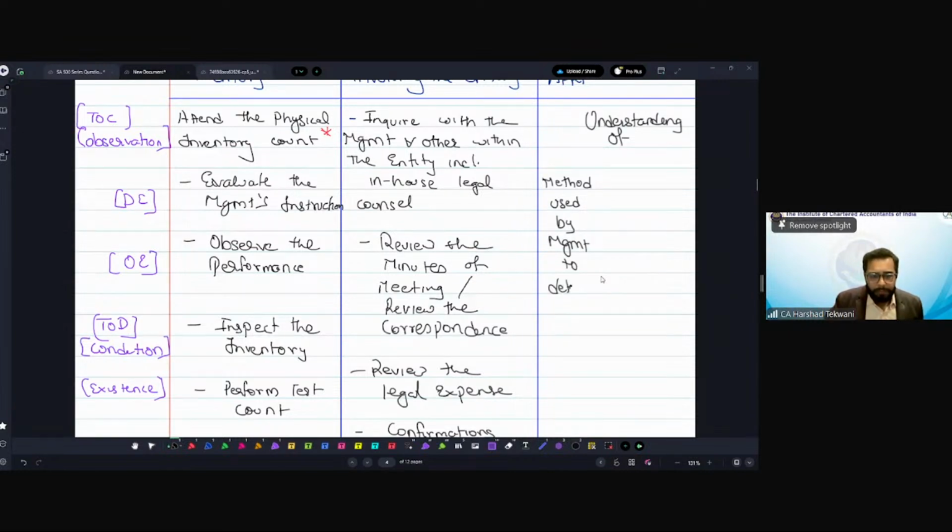Second, you are required to obtain an understanding of the method which is prescribed, or required, by the applicable financial reporting framework.